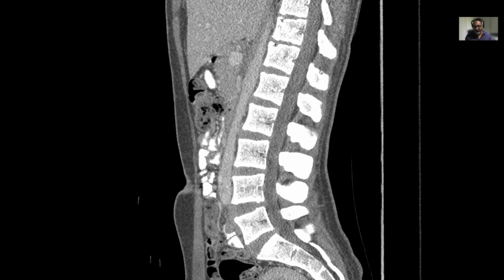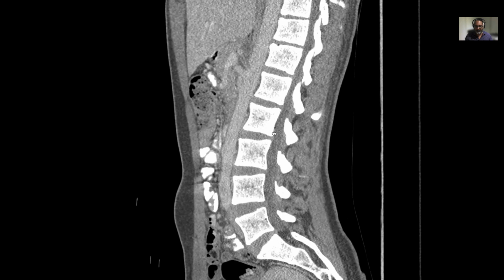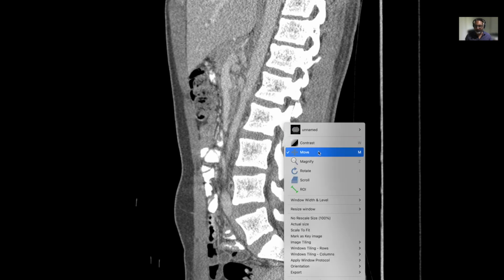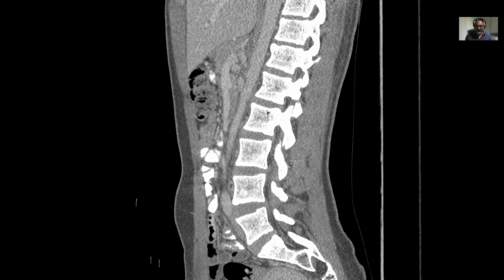And you can see the spinous processes on this side. And if I scroll a bit to the side, then you're going to start seeing the joints. If you look at the joints, that's the superior articular surface, and that's the inferior articular surface for this particular vertebra. Let me just change the contrast a bit.